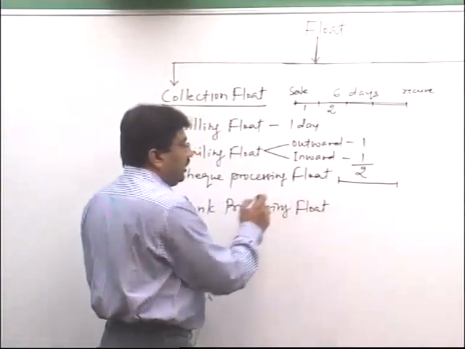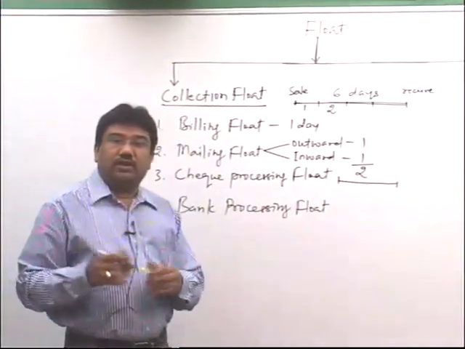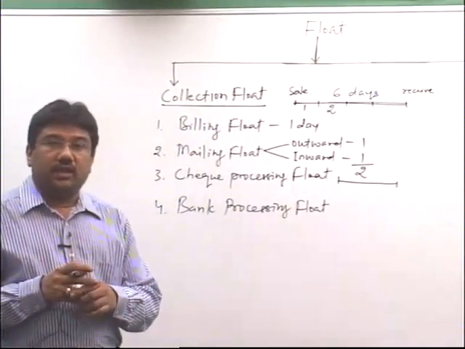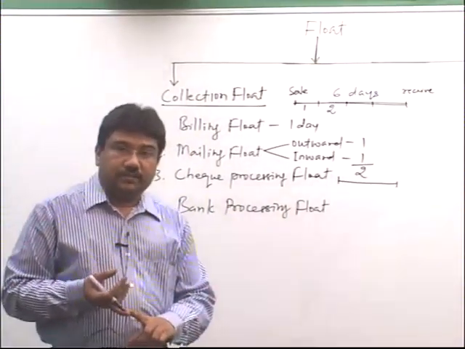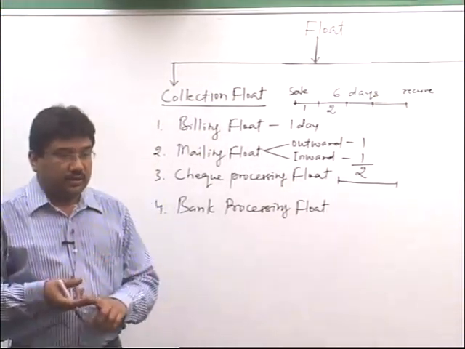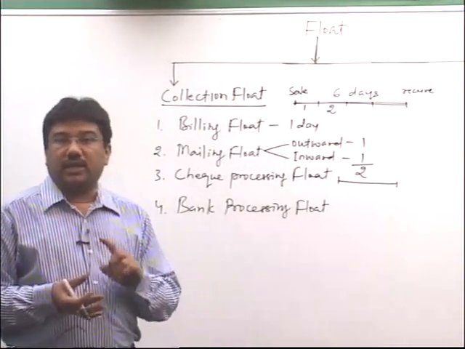There may be delay in check processing because after receiving the check, first you have to categorize the check into 3 types: same branch check, local check and outstation check.